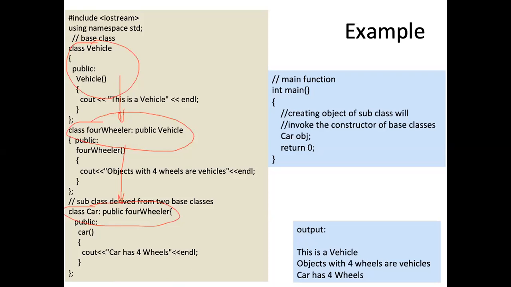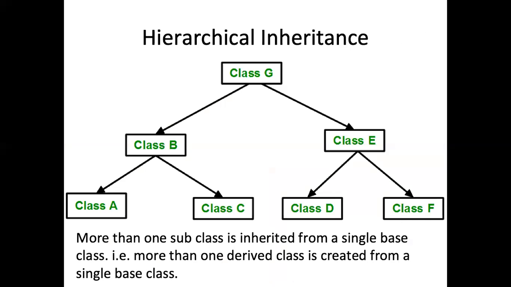So multi-level inheritance के अंदर the sequence in which the inheritance is done, the same sequence will apply, and multi-level inheritance would work. Then we have the hierarchical inheritance. Hierarchical inheritance is shown here in this slide.